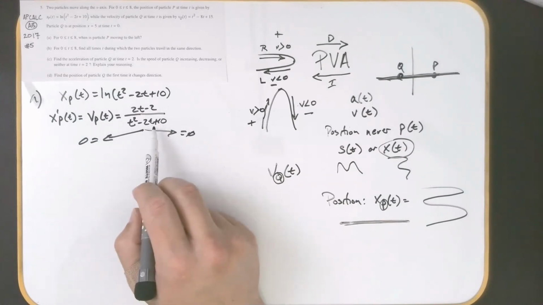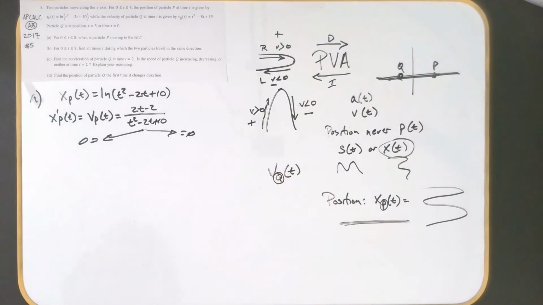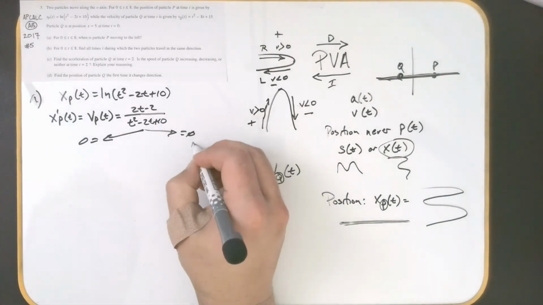And if you try to solve for t with the quadratic formula, you're going to find that your values there are always going to be positive. So we're not going to get any times where it's undefined anyway in our interval. So we're going to get no values here when it's undefined.